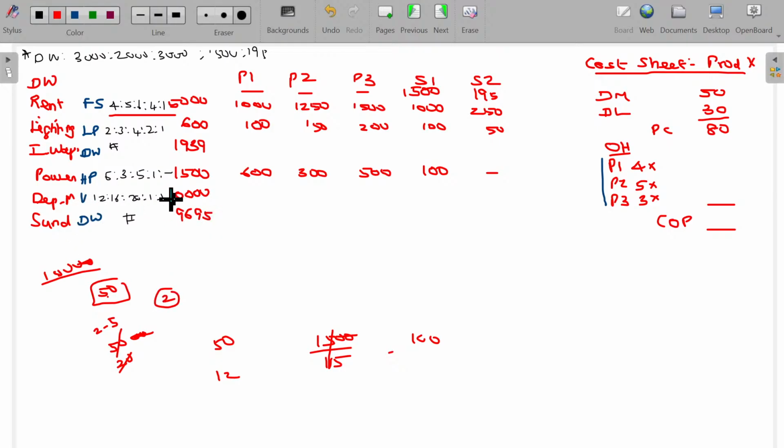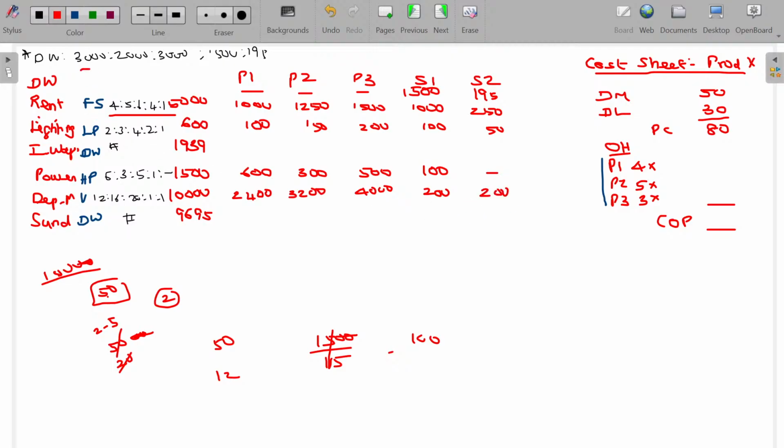So 12, 2 times 24, 2400. 16, 32, 3200. 40, 4000. Finally, 1 is to 1, you know, 200 rupees and here also 200 rupees.